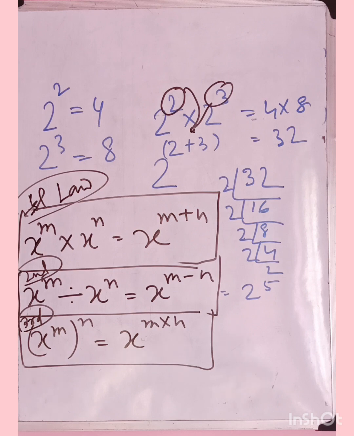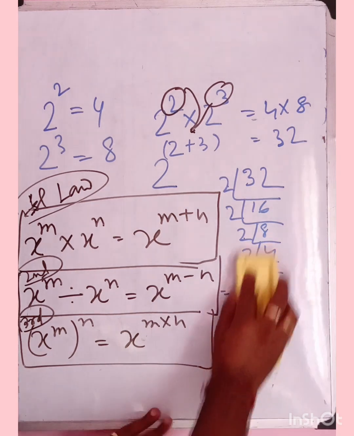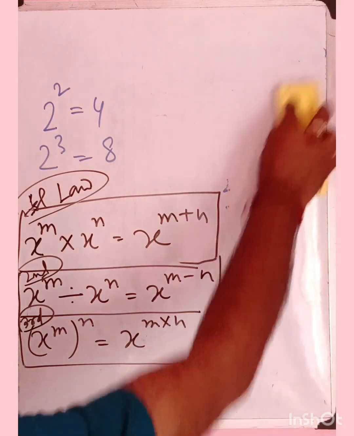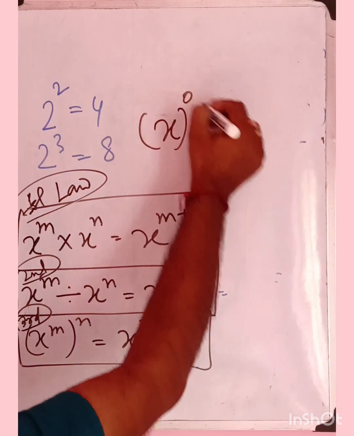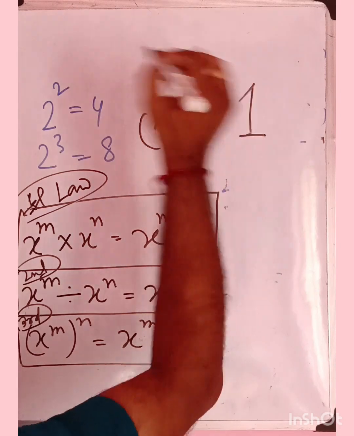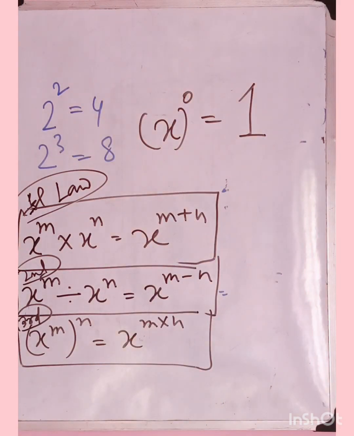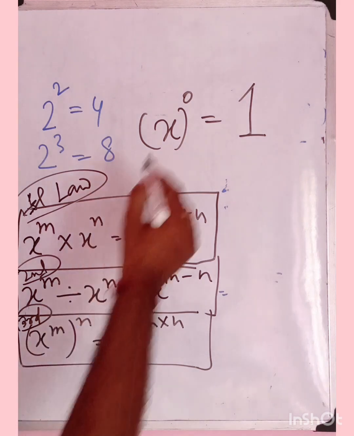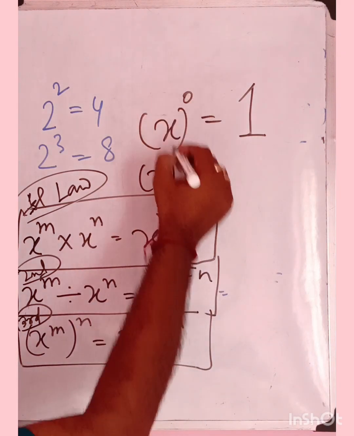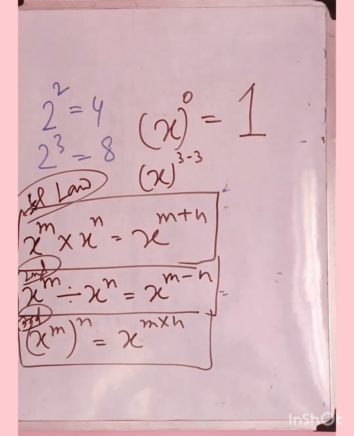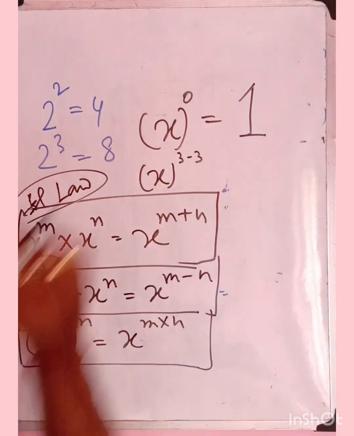Another important law is anything to the power 0 is 1. Why? Suppose you consider 3 minus 3. It is 0.